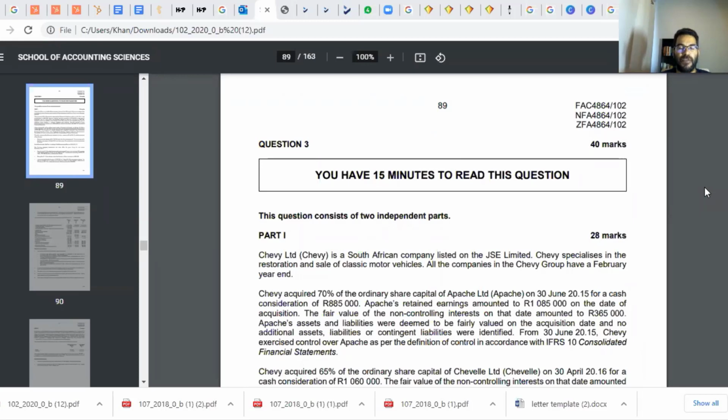You highlight some things, but don't overdo highlighting, because some people highlight to a point where the unhighlighted part becomes the important part, because the whole paper is highlighted. So it makes no sense. Highlight cautiously. I don't say don't highlight, but don't highlight to the point where the only thing that stands out is the unhighlighted part, because then you're defeating the purpose.